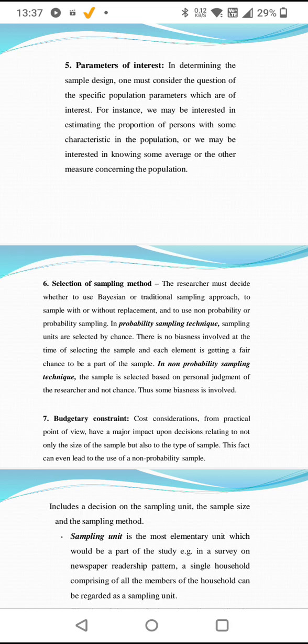A systematic bias results from errors in the sampling procedures and it cannot be reduced or eliminated by increasing the sample size. At best, the causes responsible for these errors can be detected and corrected.